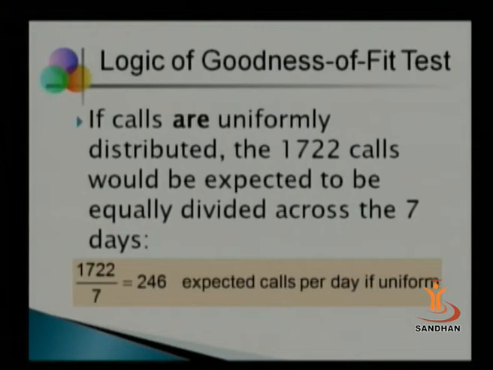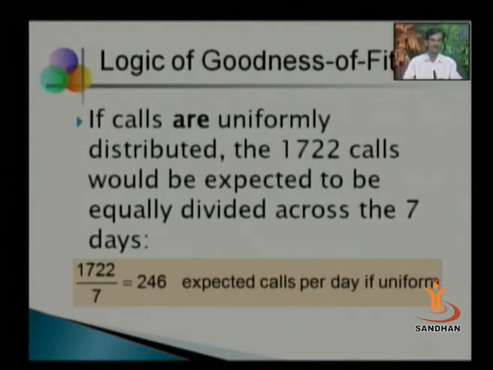To test this hypothesis we have to calculate expected frequencies. Expected means assuming that the null hypothesis is true. That means the calls are uniformly distributed. So if the calls are uniformly distributed, then the total number of calls for all 7 days, that is 1722 calls, would be expected to be equally divided across the 7 days.